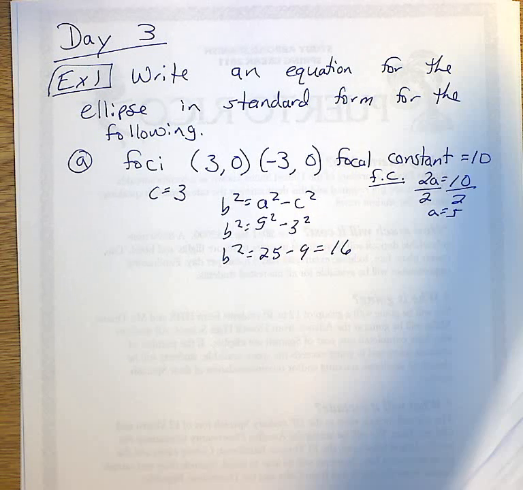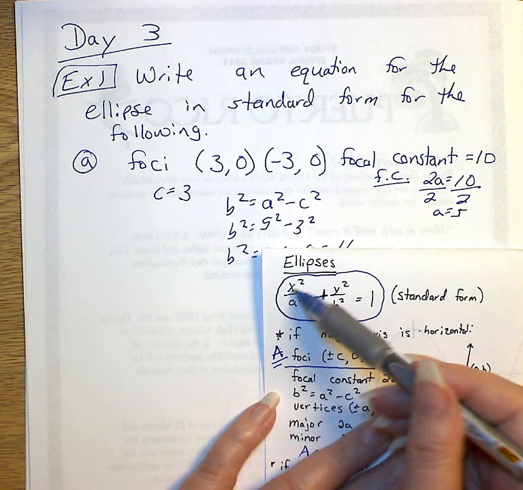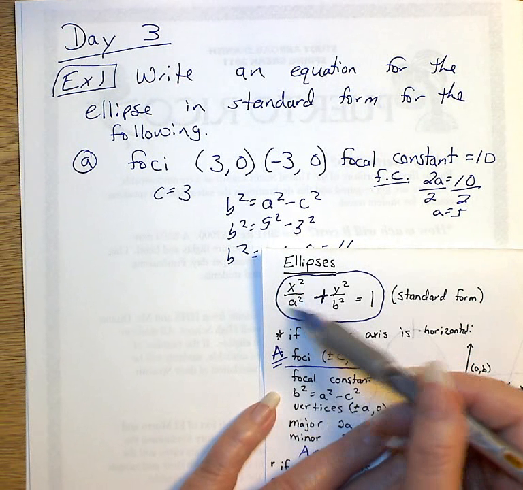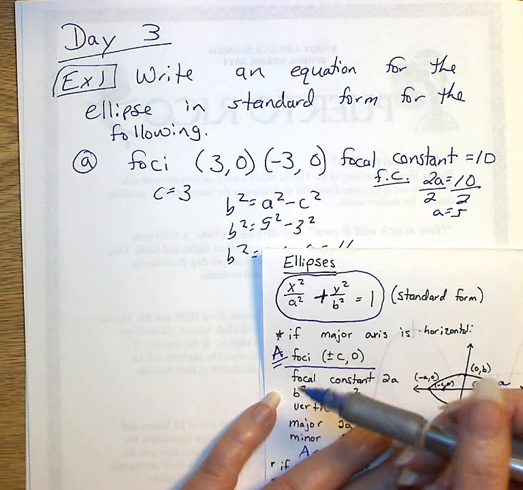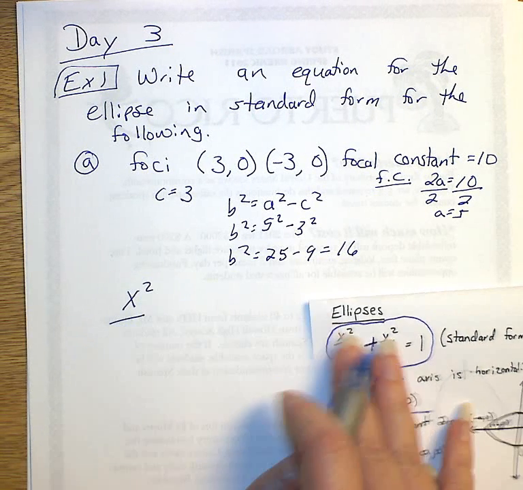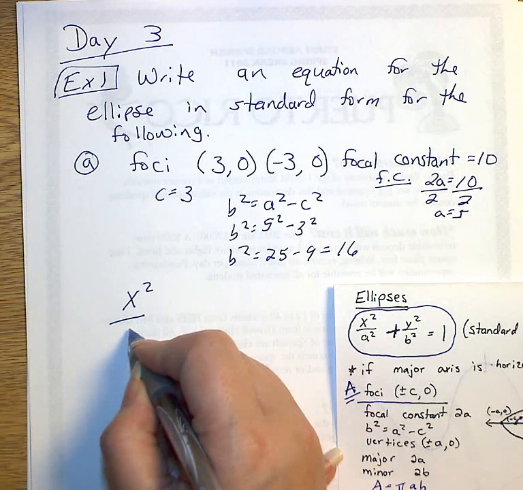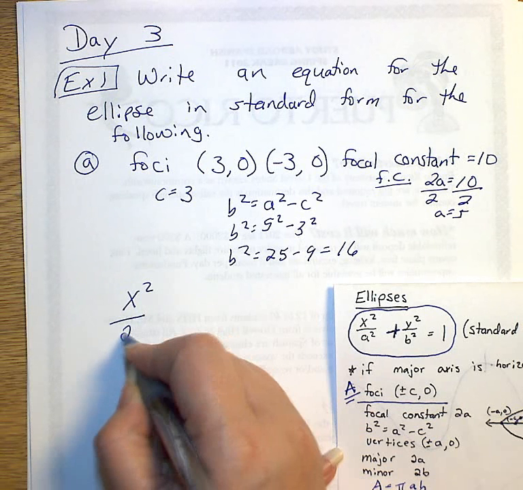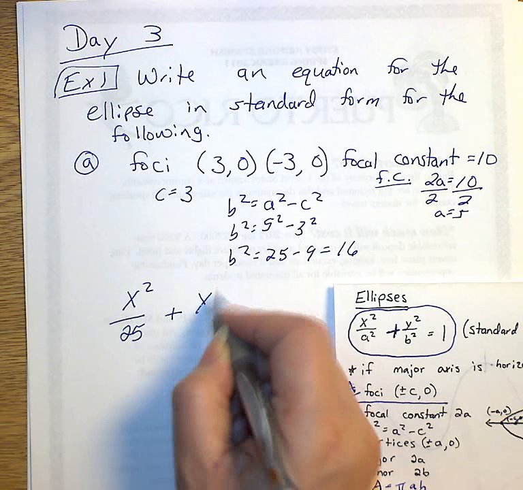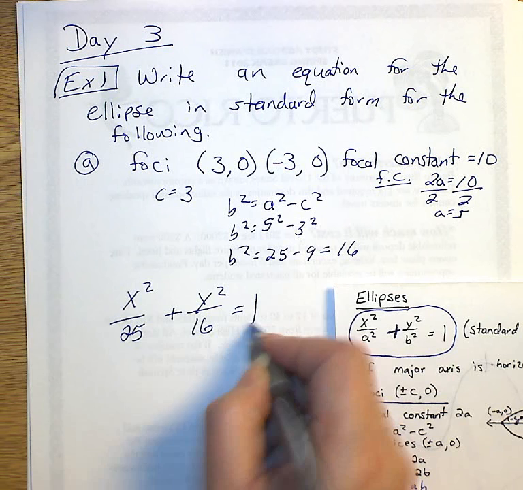It says to write an equation in standard form. Remember, your standard form looks like this: x squared over a squared. A always goes with x. So x squared over 25 plus y squared over 16 is equal to 1.